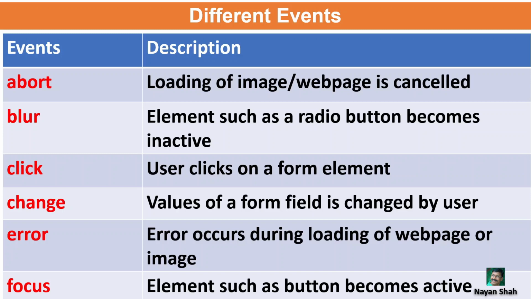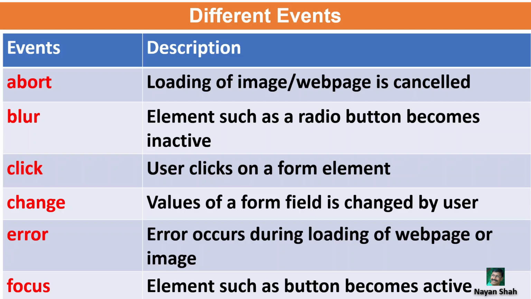Blur event. An element such as a radio button becomes inactive. So blur and focus, these two events generally occur together. Blur is the position of the cursor which was just before the current position, and focus is the position of the cursor at present.